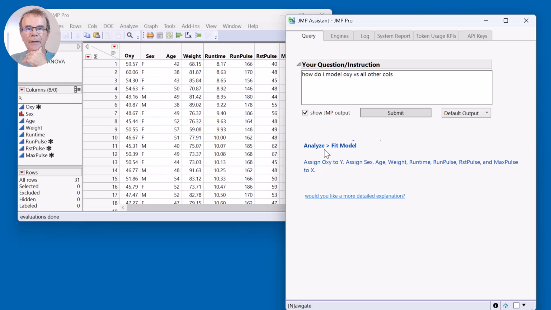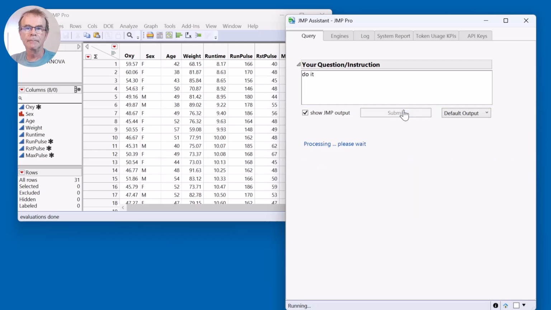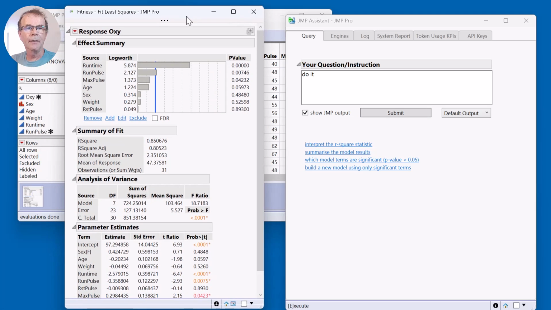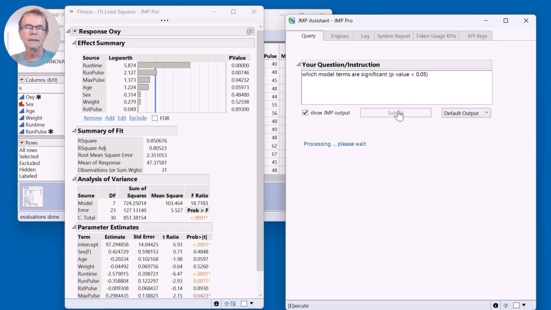And so we go to the Analyze menu, choose Fit Model, and then do these column assignments. One of the reasons it's called a framework is because we can just do it. And so now I have my analysis here. Let's take a look at which model terms are significant.